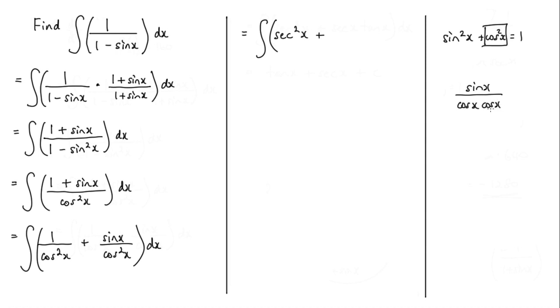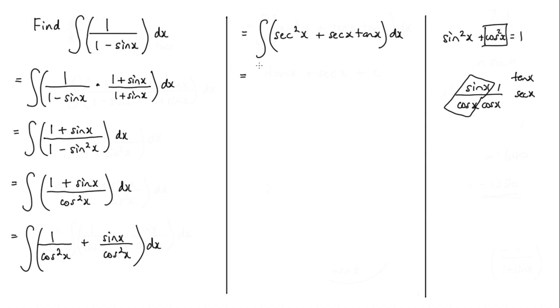That's that cos squared x. Now sine x over cos x, this bit here, well, that would be tan x. I've got a tan x. And I've also got a 1 over cos x, which is a sec x. So what I've actually got here is plus sec x tan x with respect to x.